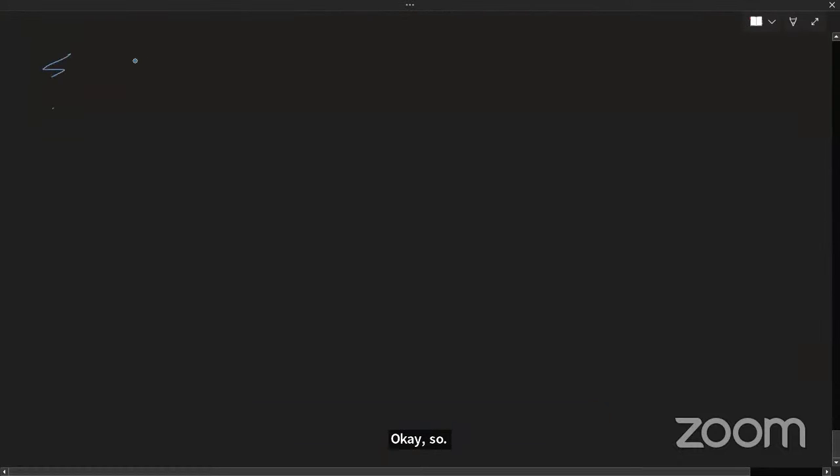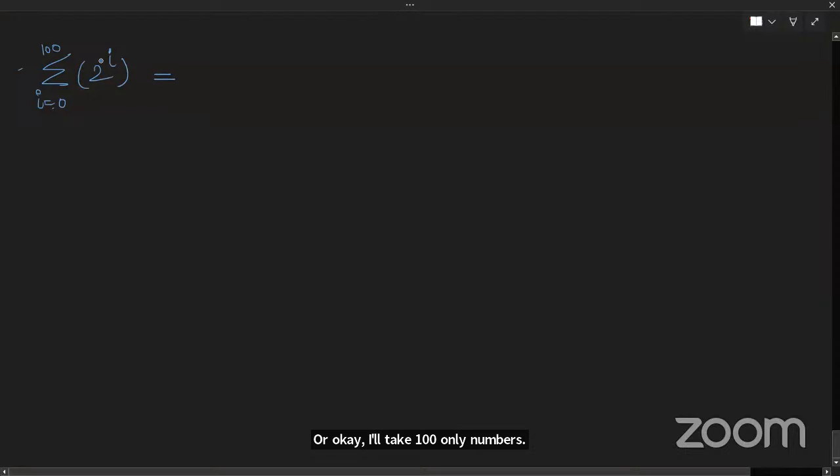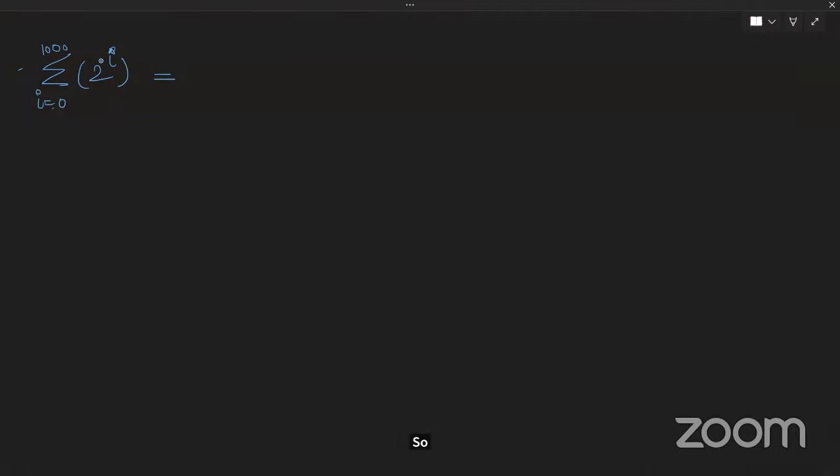Just giving you one more example. Can you tell me now sigma I is equal to 0 to, let me take some numerical value, 100, no, I'll take 1000, of 2 raised to I. So now can you tell me what am I basically asking you to sum?